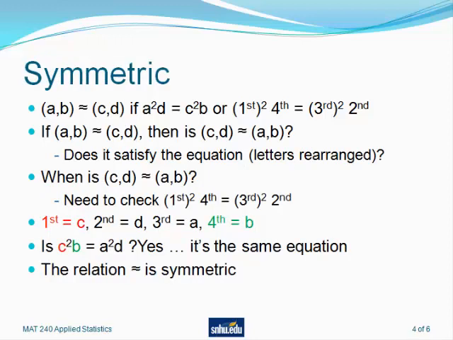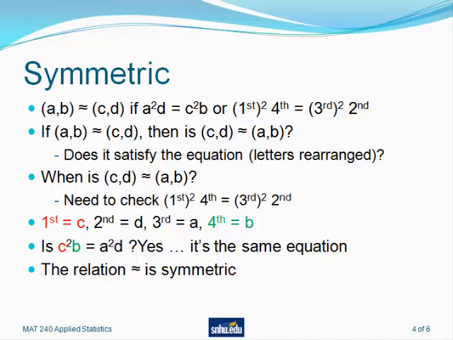Now let's show that it's symmetric. Symmetric means if AB is equivalent to CD, then CD should be equivalent to AB. Again, for me, it's easier to remember the equivalency rule as first squared times fourth equals third squared times second.